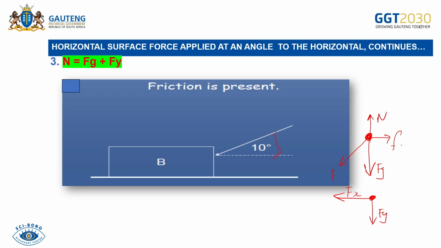So if it's like that, it means that the vertical forces there are at equilibrium. How many vertical forces? 1, 2, 3. So it's going to be normal force, right? Minus Fg minus Fy equals 0. Okay? Therefore, the normal force will be equal to what?